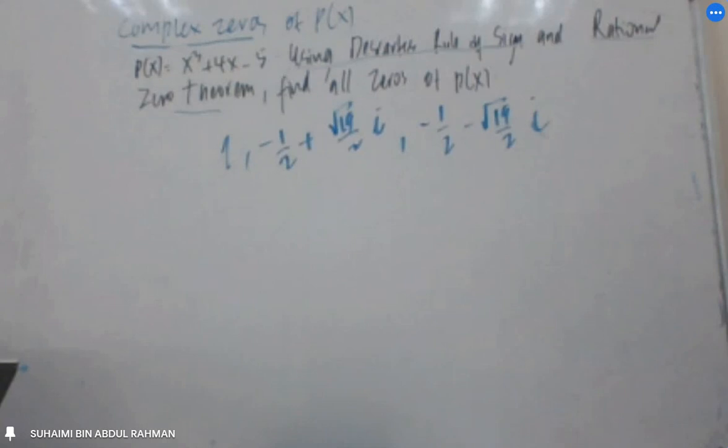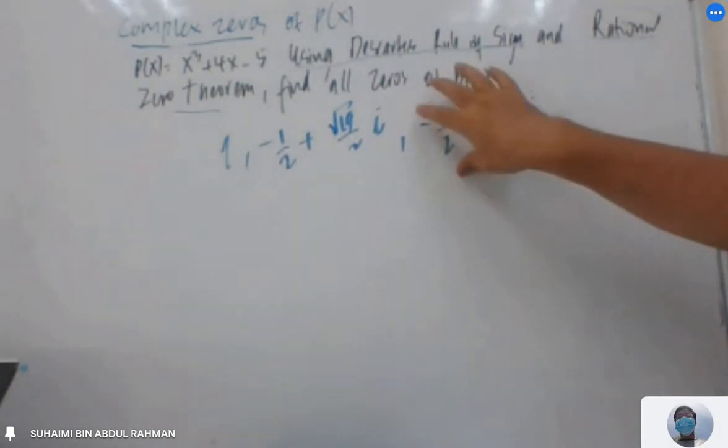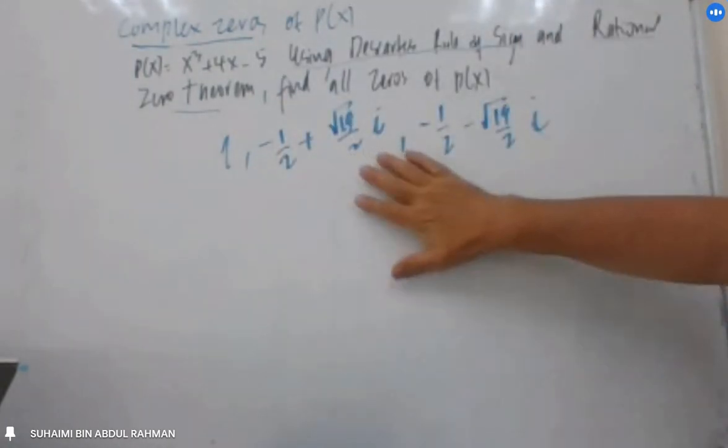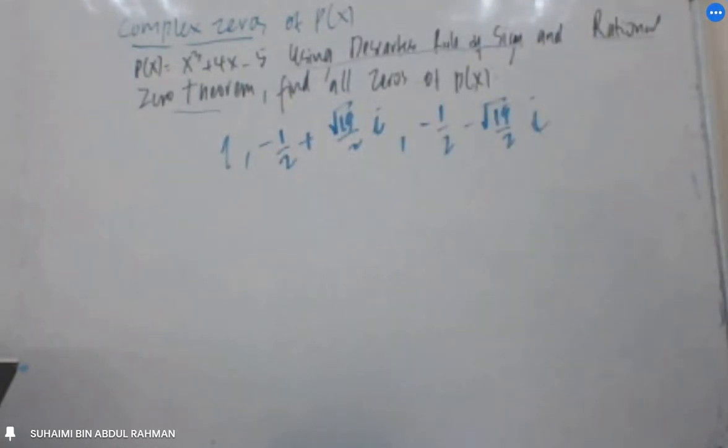You try. 3 zeros: 1, 2, 3 zeros. Only one real and 2 more complex. Complex must come in pair.